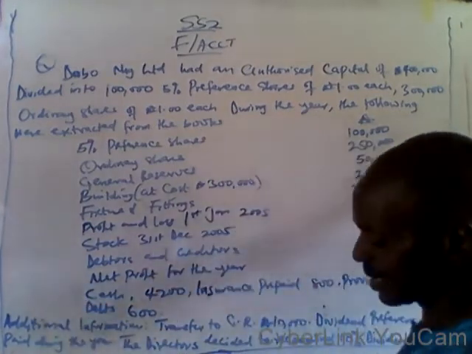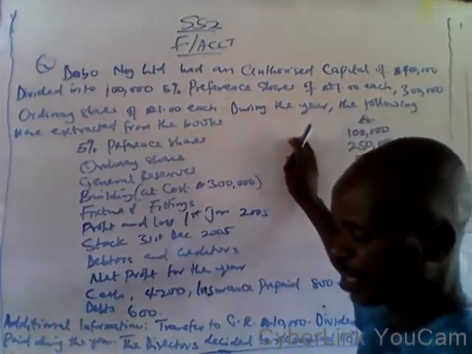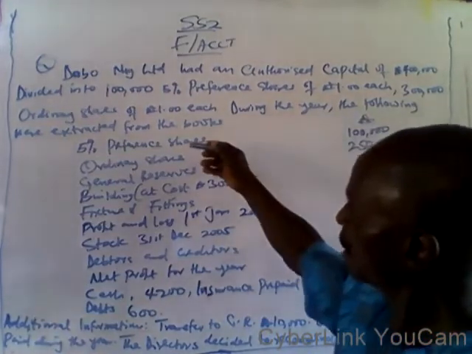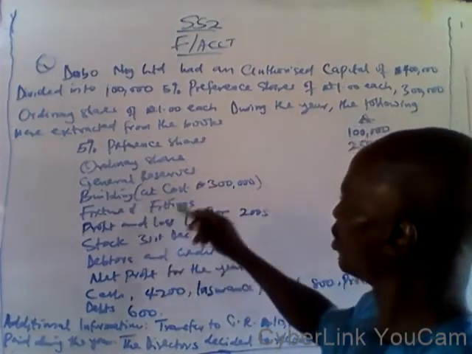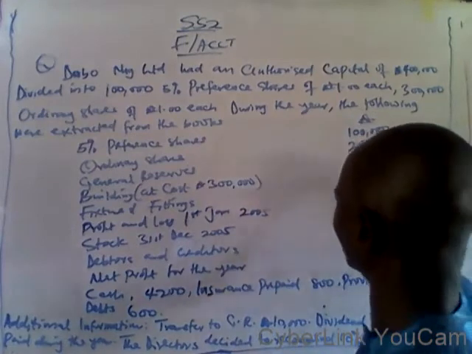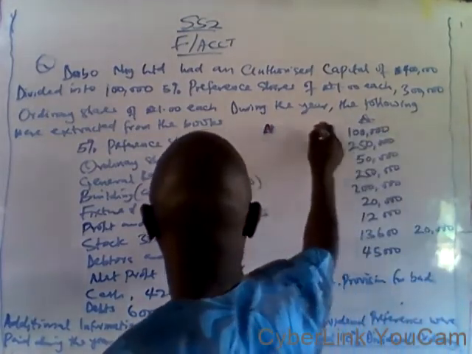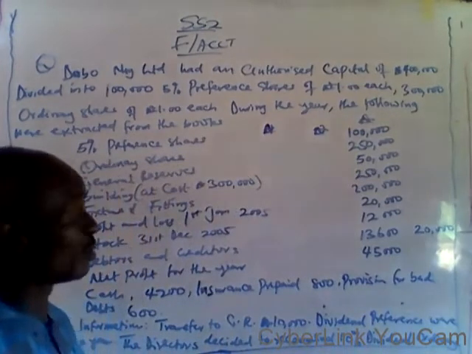Move to the asset side. Immediately you move to the asset side, we have the building. Check the question to see the type of asset given. You have a building at cost. Here under the asset side you need two naira columns.